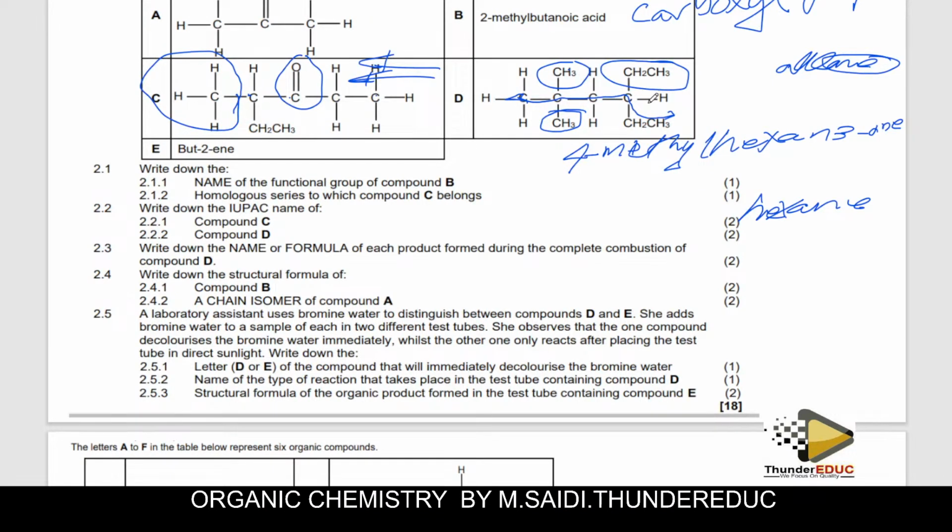Hydrocarbons are compounds made up of carbon and hydrogen only. Because it is a hydrocarbon, the product is always the same: carbon dioxide and water. So the products we are expecting you to say are water, H2O, and carbon dioxide.